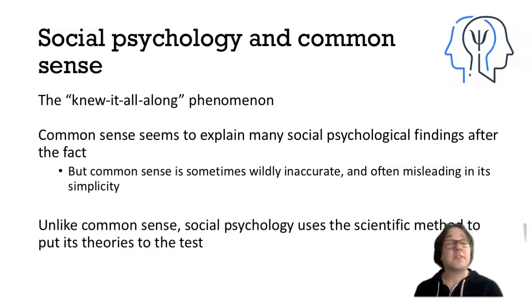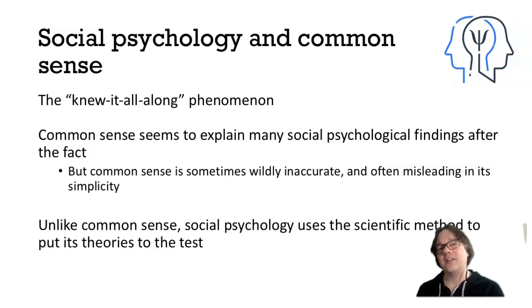So social psychology and common sense, because some of the stuff that we are going to be talking about during the semester, you're going to say, well, yeah, I knew that, or no, we didn't need a study to tell us that, right? There's a lot of 20/20 hindsight when it comes to issues involving social psychology.